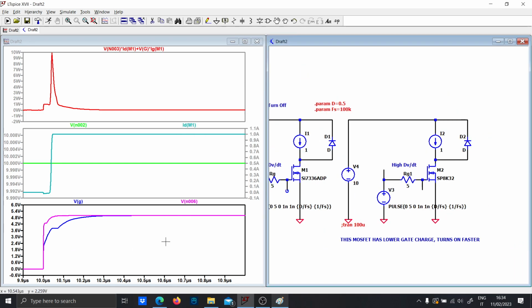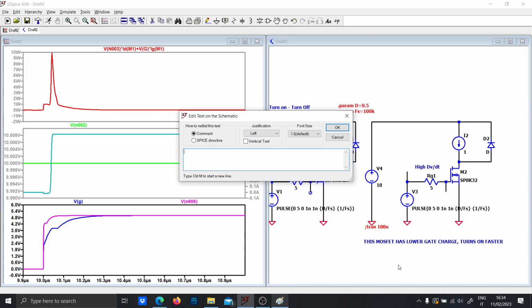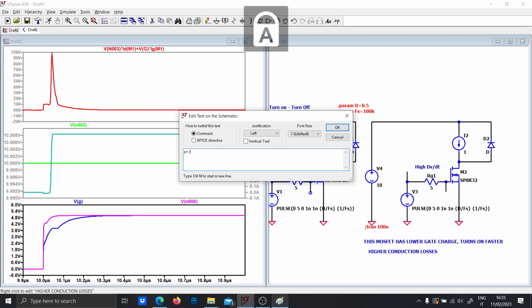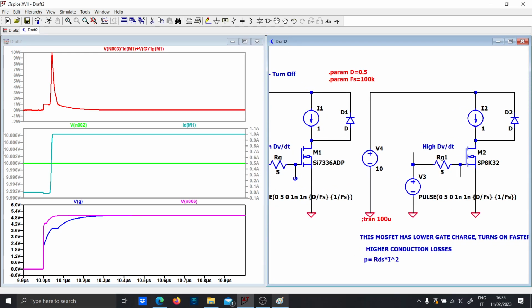Yeah, as you can see, it turns off. But it has a higher RDS on resistance, so it means that we expect to have higher conduction losses, because remember that the conduction losses are P equal to RDS on times I squared. So the higher the RDS on, the higher the conduction losses. Let's see if this is true. It should be true.